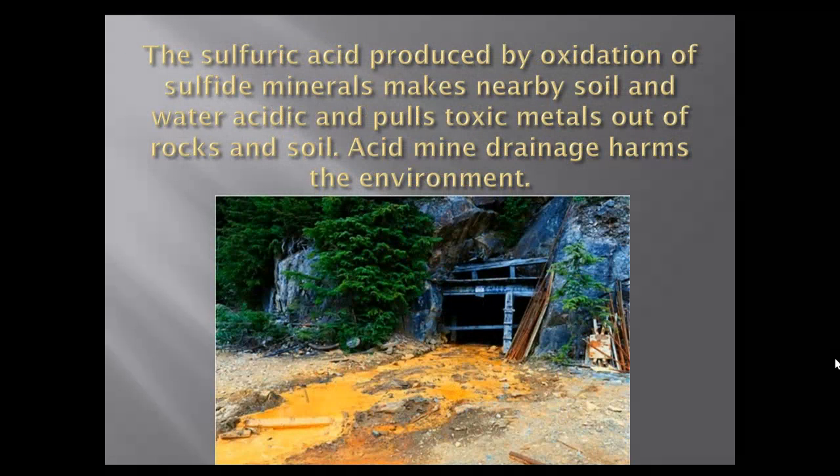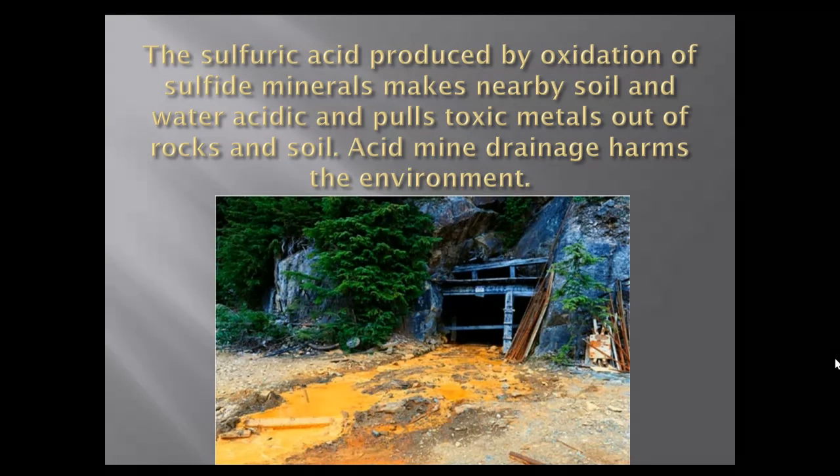So that sulfuric acid that's produced by the sulfide minerals coming in contact with water and oxygen gets into the water and into the soil, and the acid will pull toxic metals out of the rocks and the soils around it.